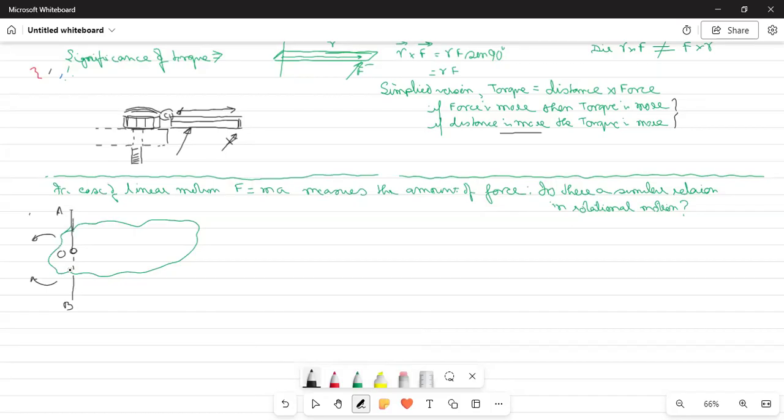Now, let us consider any small elemental point P on this lamina. If a force is applied, this point P will start rotating in a circle like this.